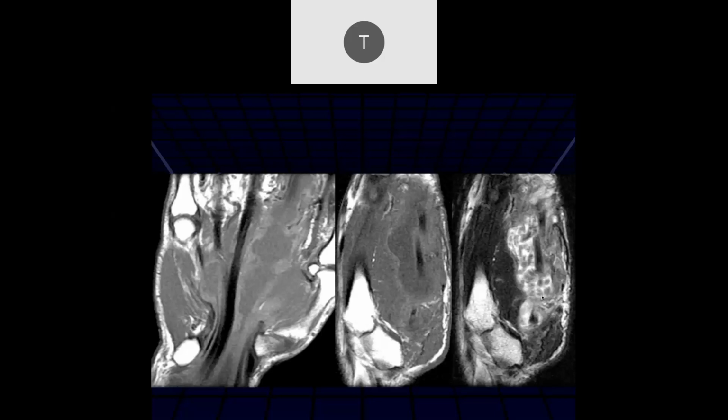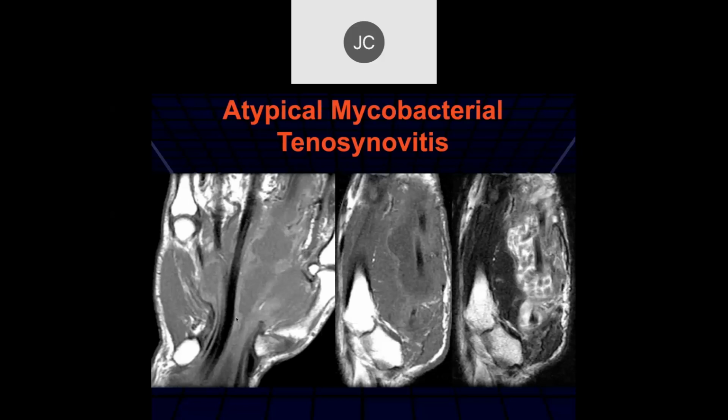Well, if it were staph or strep, the patient would probably be very, very sick at this point. It looks like it's been here for a while. It takes a while to develop these synovial thickenings, called rice bodies. And this was an atypical mycobacterial disease with tenosynovitis involving the flexor tendons.